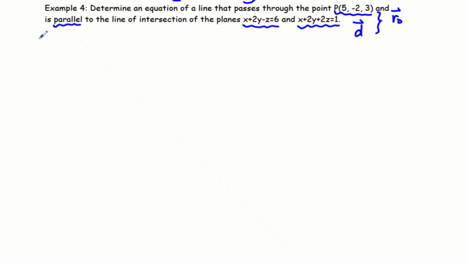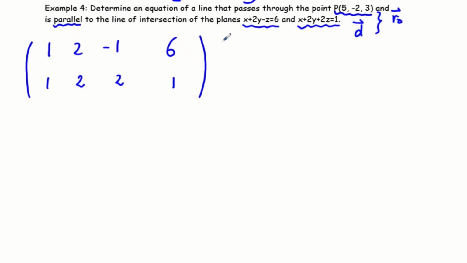So now we want to practice on the Gauss-Jordan elimination method. So this time we just get the numbers from these two equations. So 1, the number at front of x, y, z, 2, negative 1, then 6 on the last one. 1, 2, 2, the number at front of x, y, z, then 1.